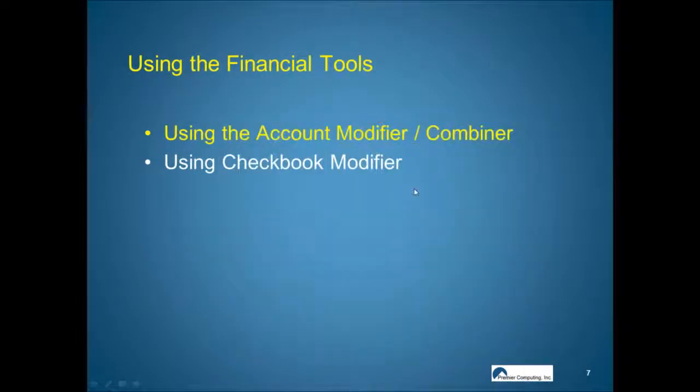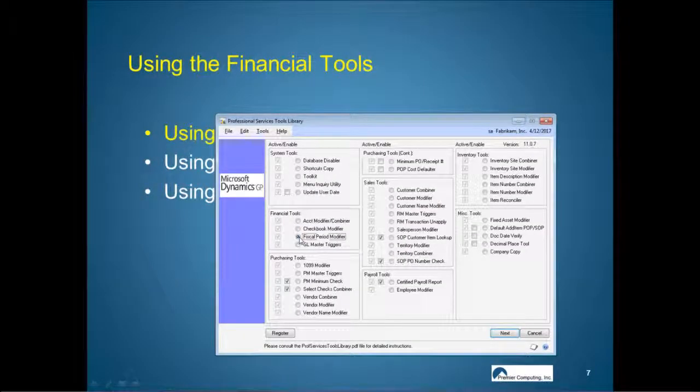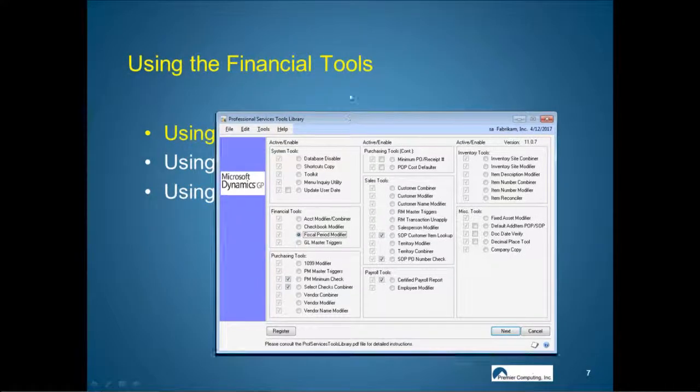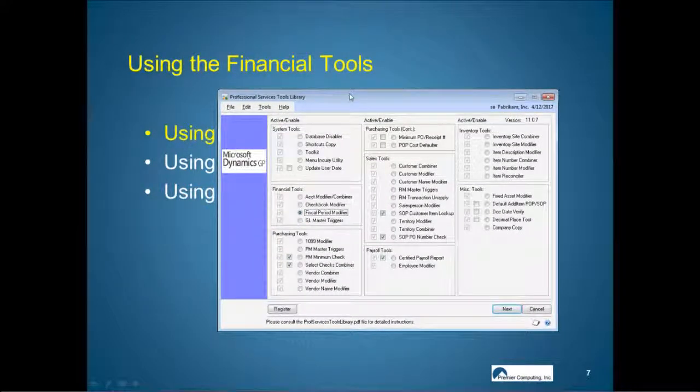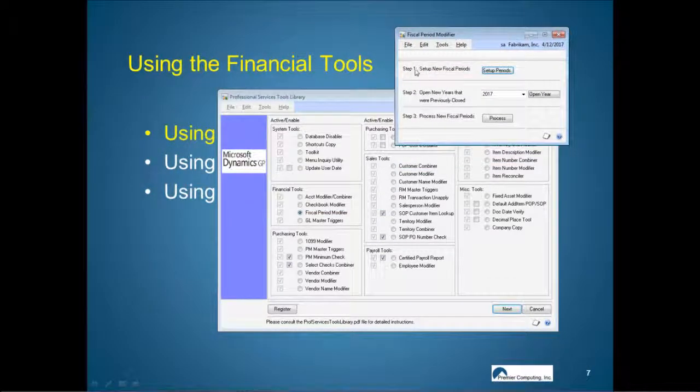So another one that we've got is called the fiscal period modifier. There are companies that do require changing their fiscal period through an acquisition or some other type of change that's happened at the company. Their fiscal periods change. So with the fiscal period modifier, you would hit next, and you would pull up the screen and say, okay, the first step is to set up new fiscal periods.